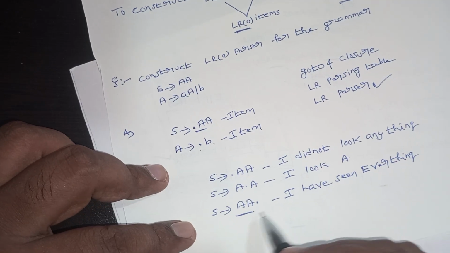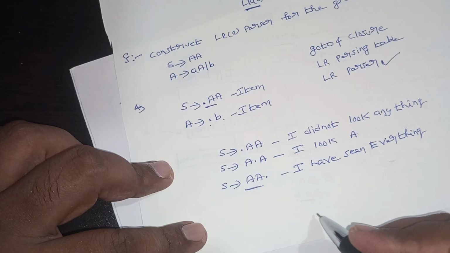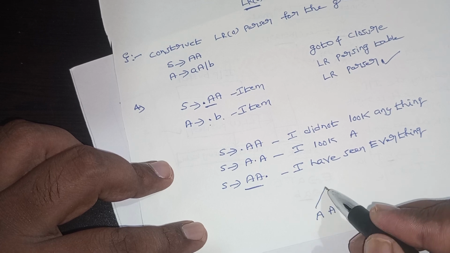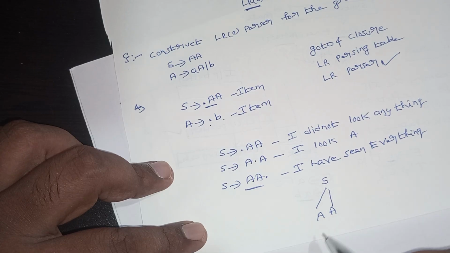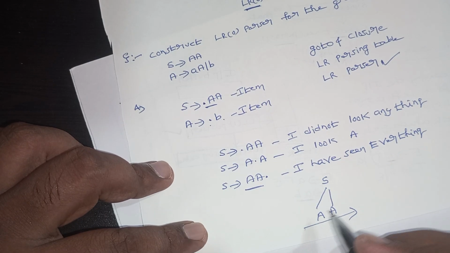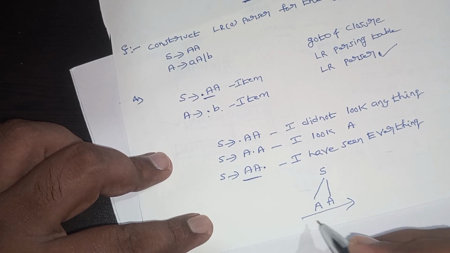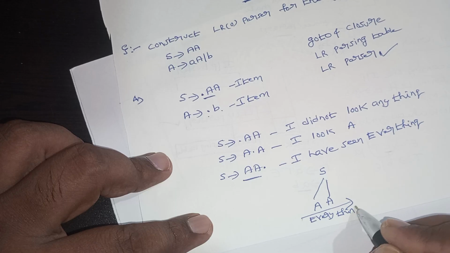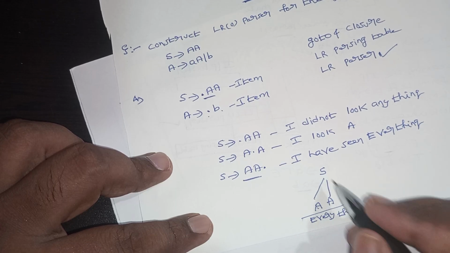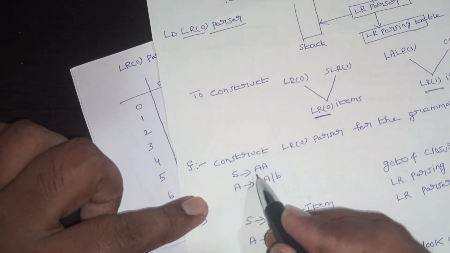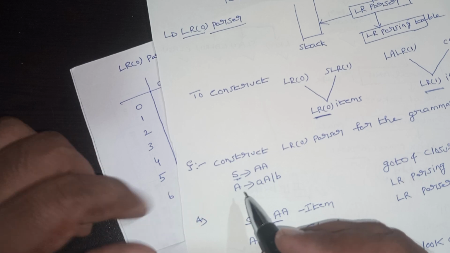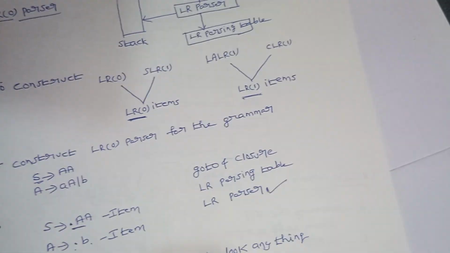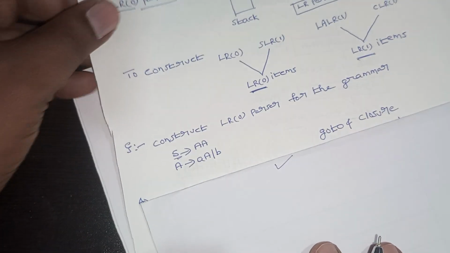That is the meaning here. So what is I have seen everything? It means when you see everything, I am able to reduce to S. If I see A completely, if I see everything, then only I am able to reduce to S. That is what reducing is.